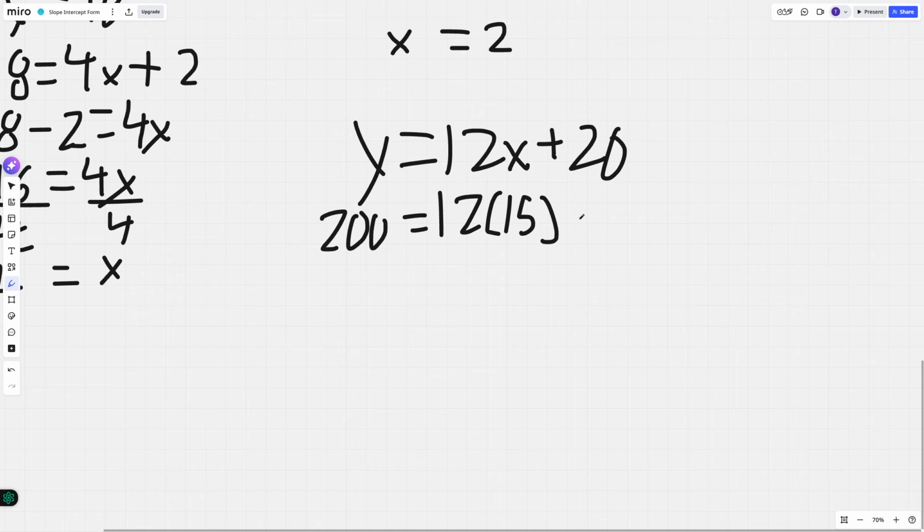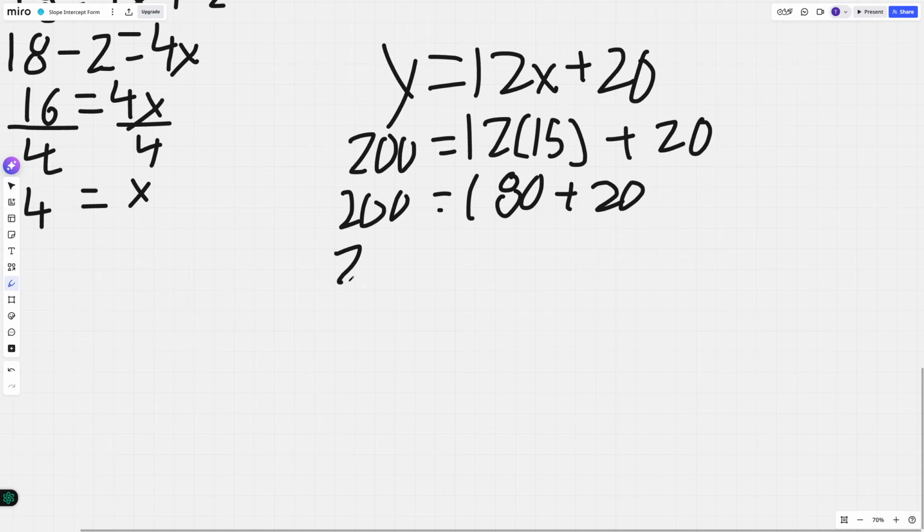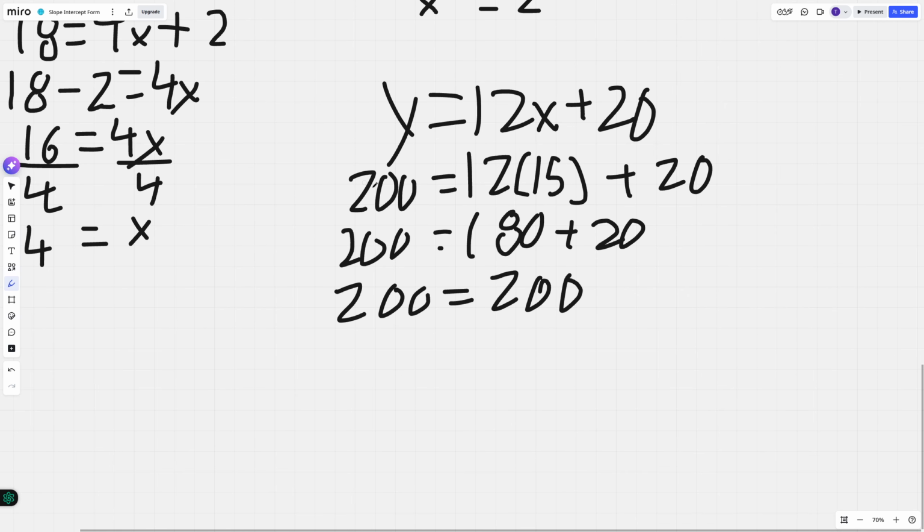So 200 equals 12 times 15, which is 180, plus 20. And then, yeah, these are the same. So that's how you know the equation's correct. Because work for 15, you have 200.